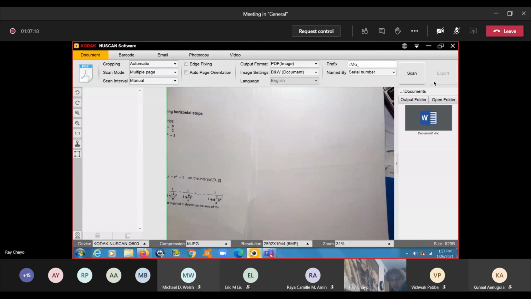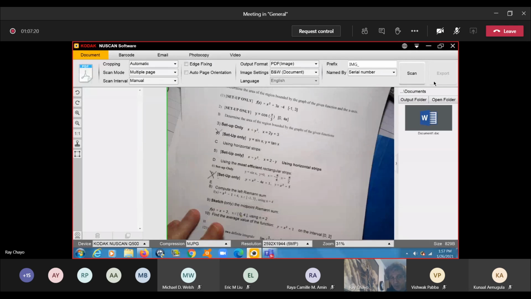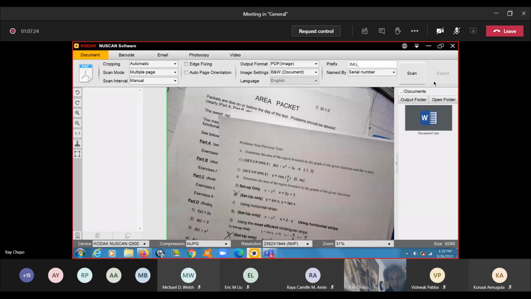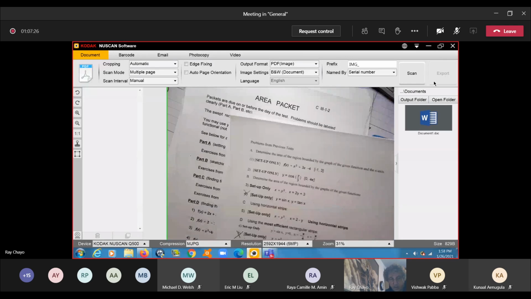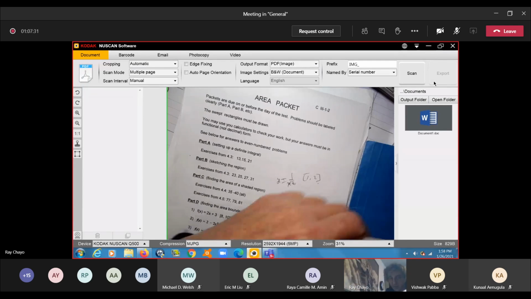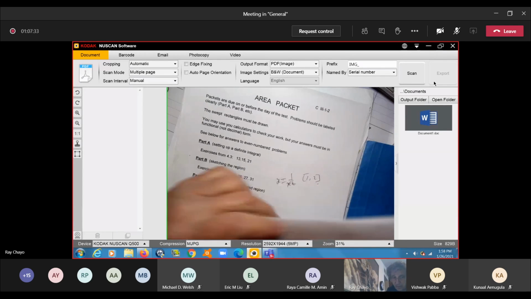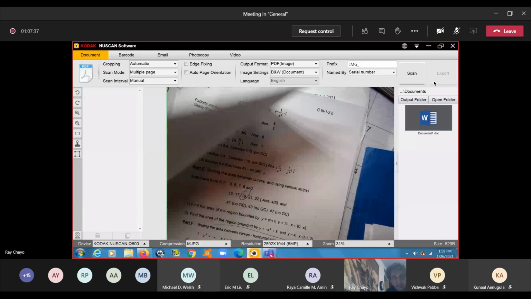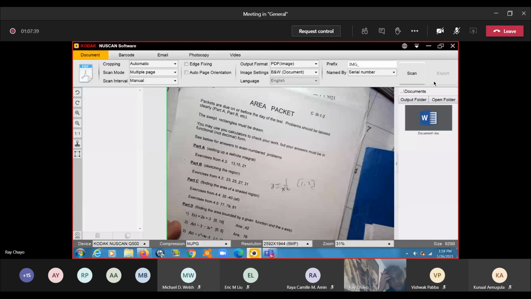And that puts you at almost 50 points a problem. So you have to be very careful with each problem. Okay? And I can tell, if you know the packet, then you know your test. It's that basic. I mean, it comes from there. Area between curves, area under curves. Okay?